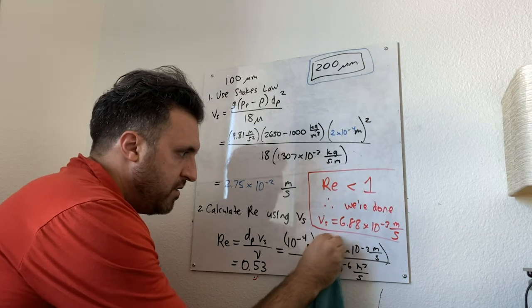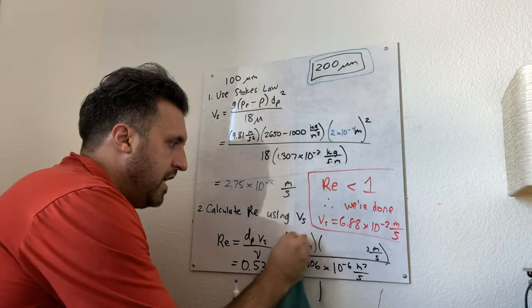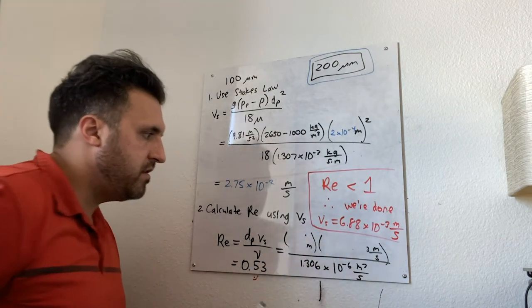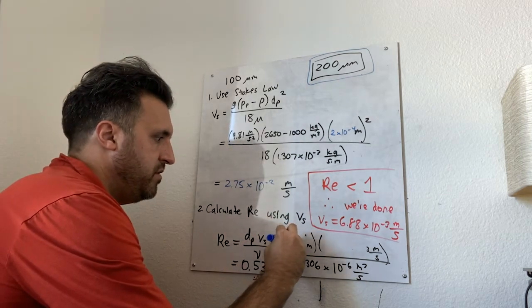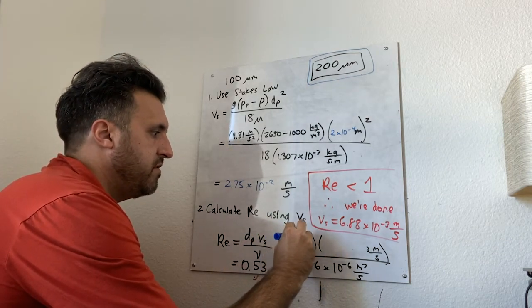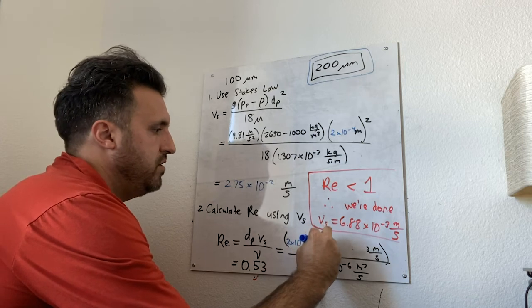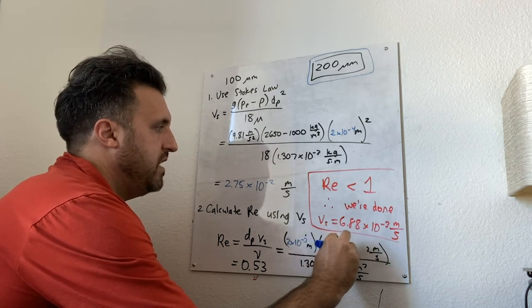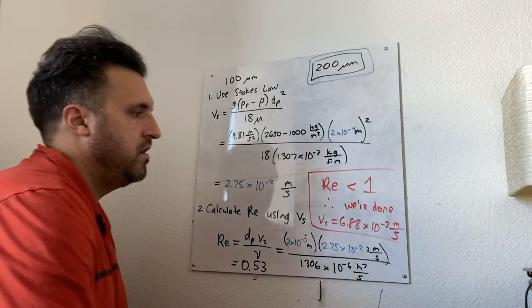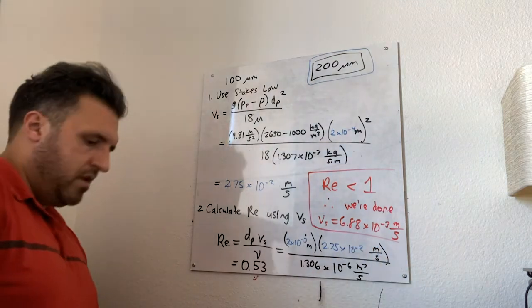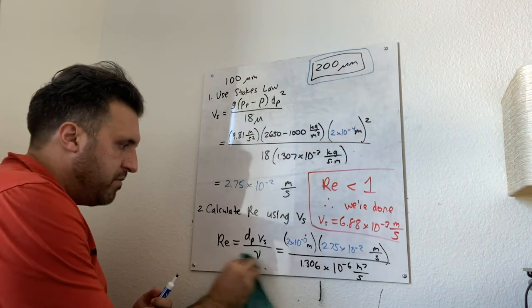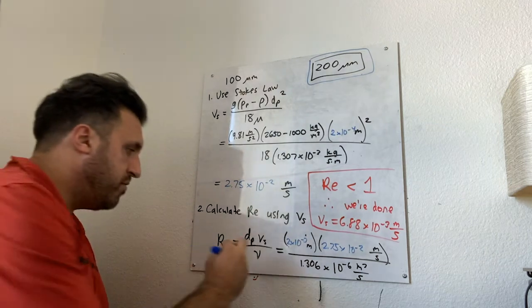So this value here and this value here are going to change. So we're going to have 2 times 10 to the negative 3 and 2.75 times 10 to the negative 2. And that's going to give us a Reynolds number of 4.21.